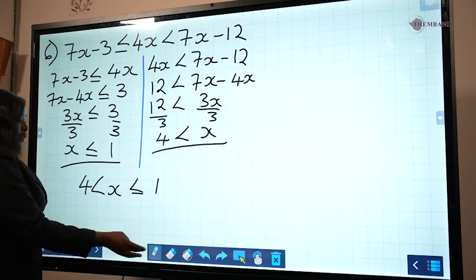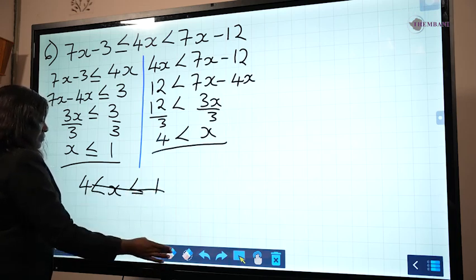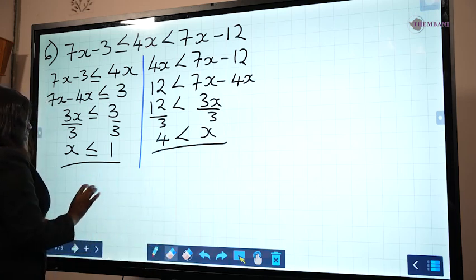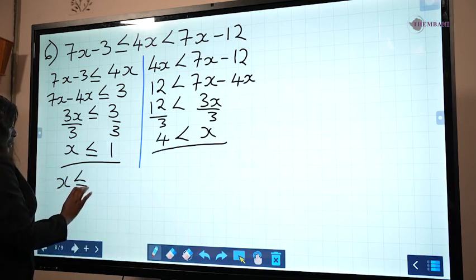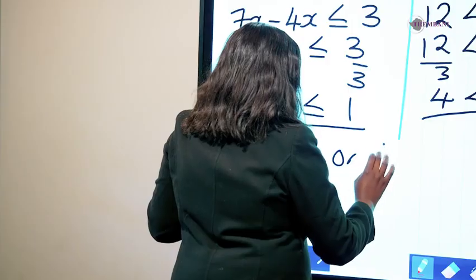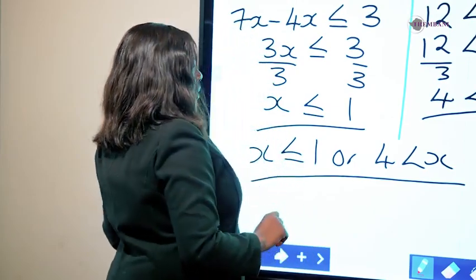So we are not able to combine these inequalities. It means we have the value as x less than or equal to 1 or 4 less than x. This will be our solution.